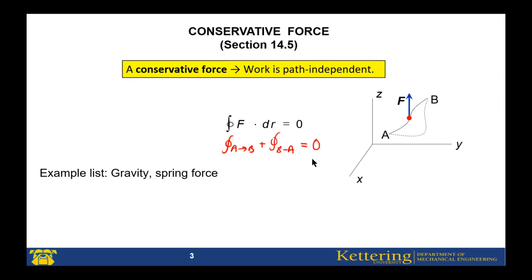How? Let me prove it. For example, for gravity, if you remember, the work of gravity or weight from point 1 to point 2 was minus W times y2 minus y1.